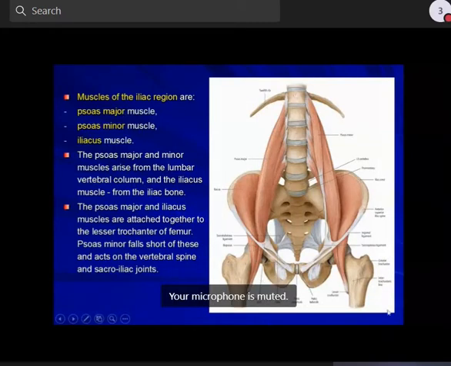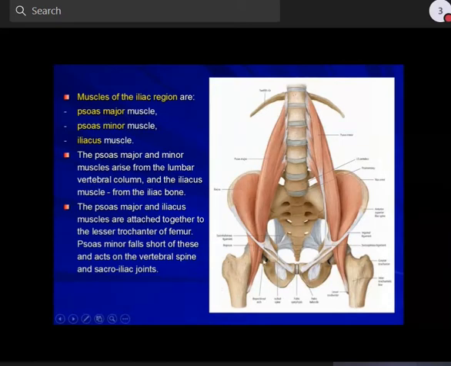Acting from below, if we are just standing, it flexes the pelvis and the whole trunk. Apart from this, the iliopsoas rotates the femur laterally.